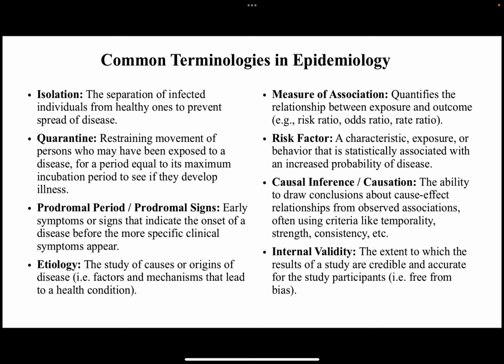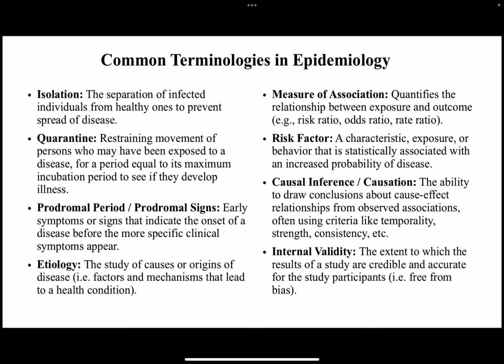Okay, we have the next term that we will look at, internal validity. In epidemiology, we have what we call internal validity. We even have another one we call external validity. Now, when we say internal validity, what does it mean?